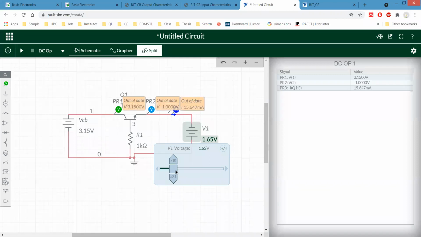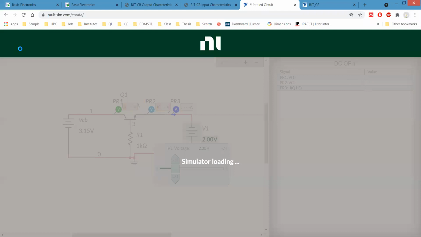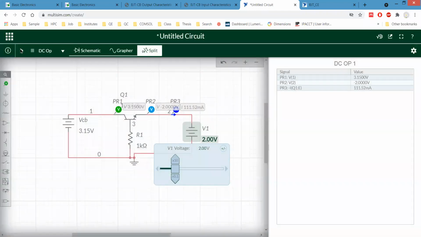Now for 2 volt, as you can see, the current is 111 milliamps.